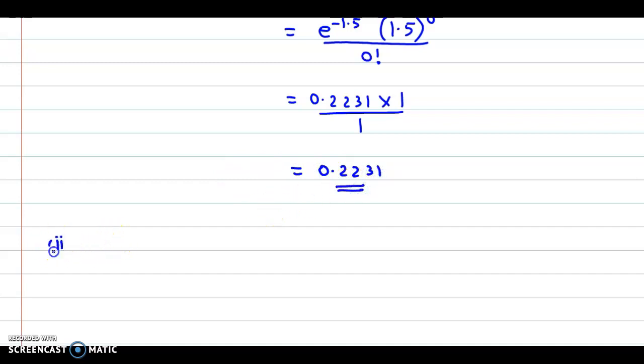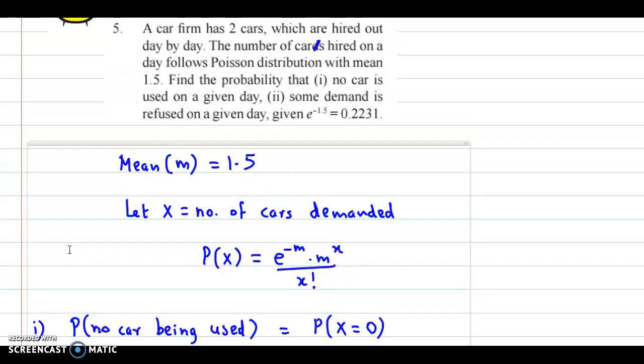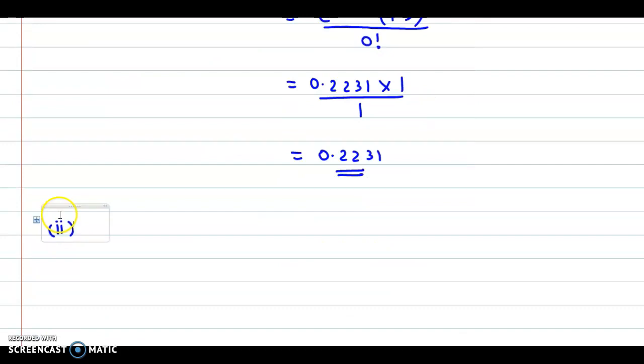The second case here is some demand is refused on a given day. Probability that some demand is refused on a given day.